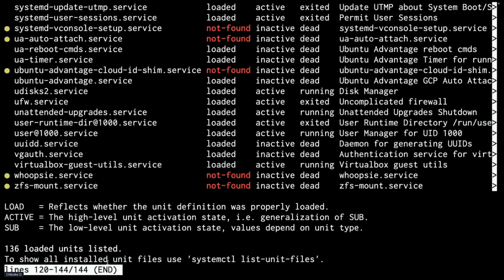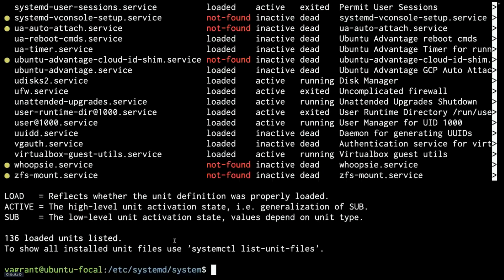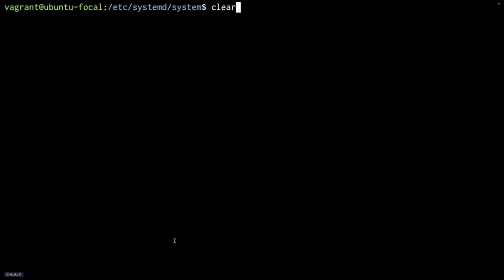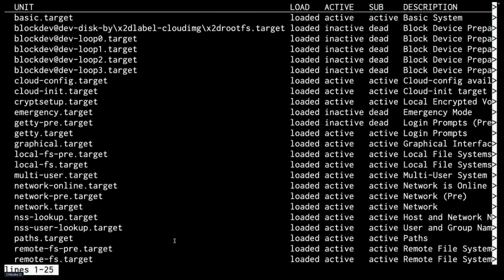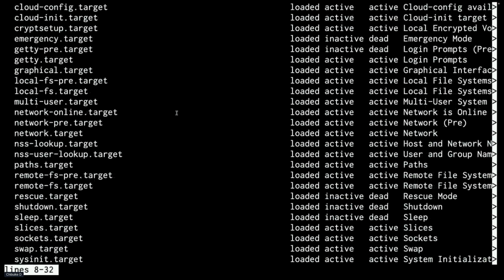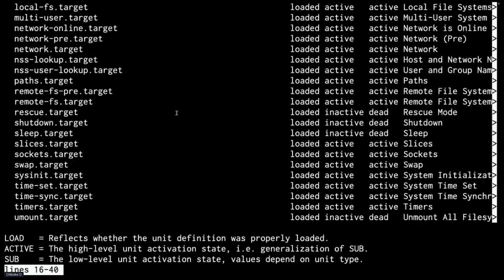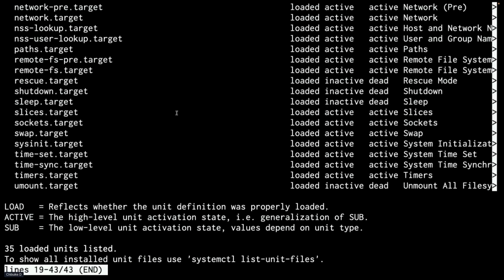Right now, Control C to terminate it. If I want to see everything that is, let's say, a target, you can see I'm selecting a particular unit type called targets, and there are about 35 of them.